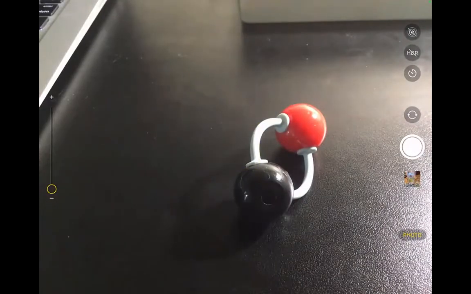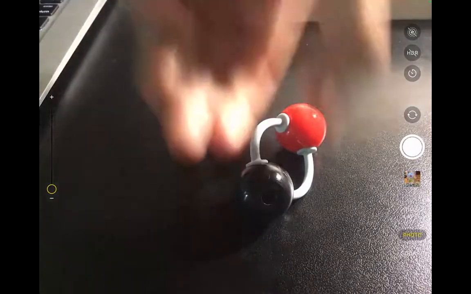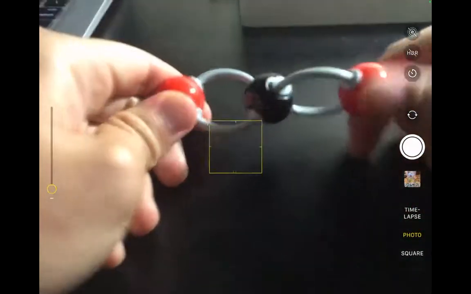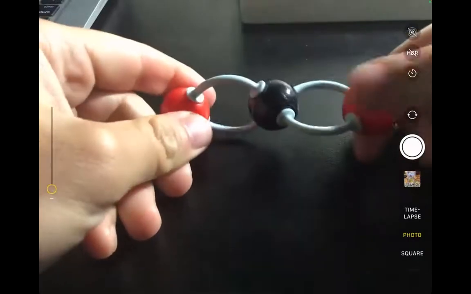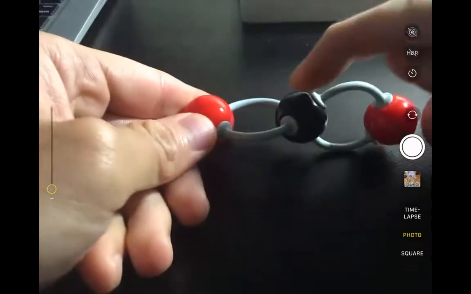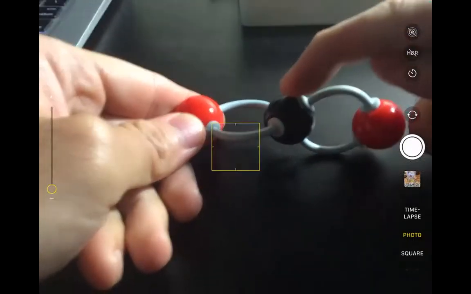Instead of using the shorter bonds, I'm just going to use 2 long bonds to create this 3-dimensional structure. So this is carbon dioxide. It's a cool looking structure, right, compared to the rest. And everything is in respect to the central atom.